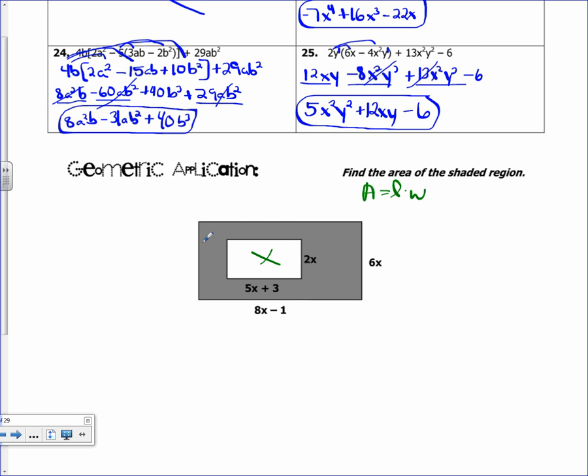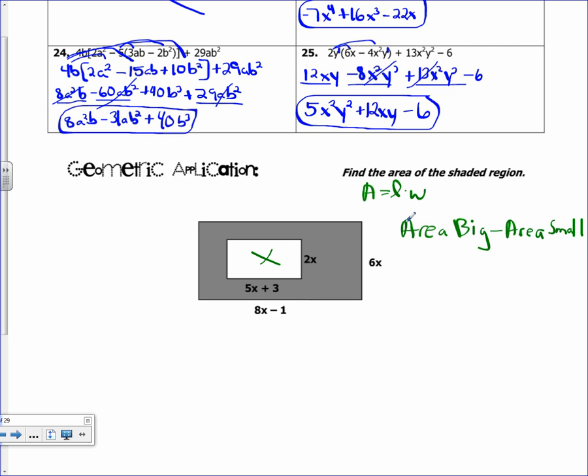So we're going to find the area of the big shaded, find the area of the small white, and subtract them, the big area minus the small area. So we're going to have area of big minus area of small.